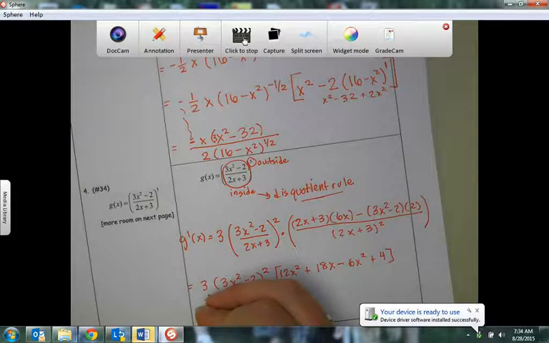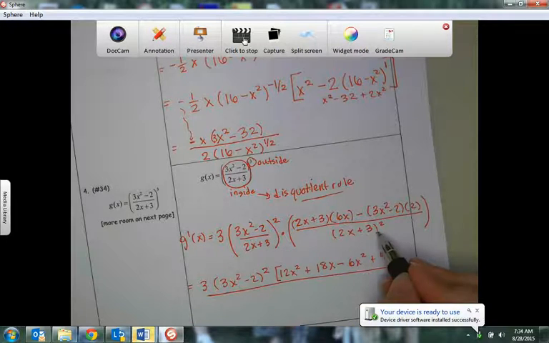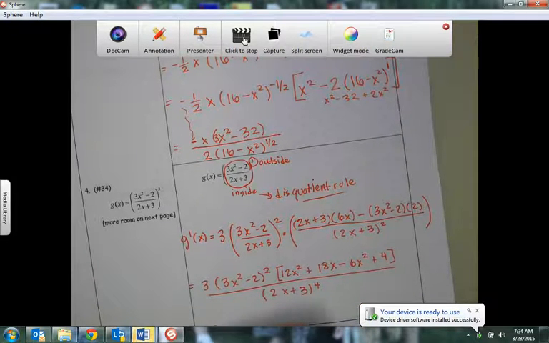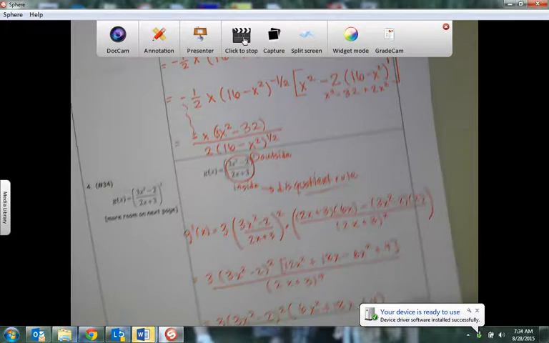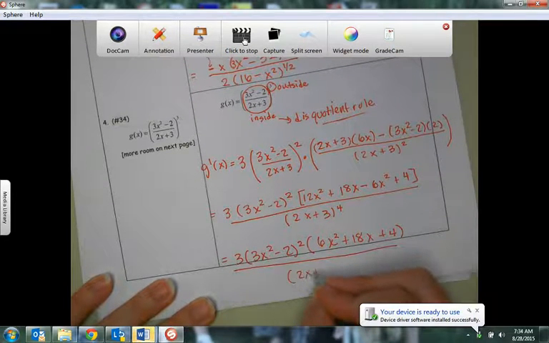And then down here I'm going to have that 2, so they're squared and they're squared, so that's going to give me 4 of those. And I can clean that up a little bit. And there you go.